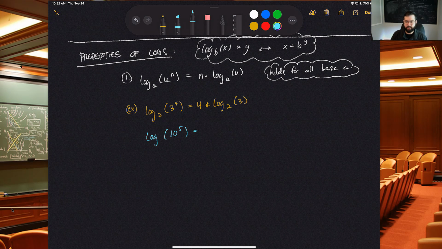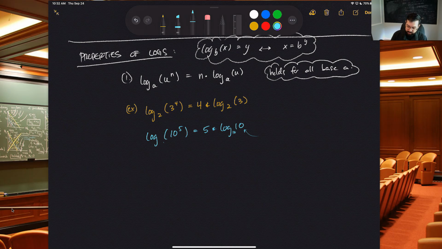Well, what do we see here? Common log is really base 10, right? We typically don't write it, so I won't here. But this says that this is equal to 5 times the log of 10. And log 10 is something that we know, right?